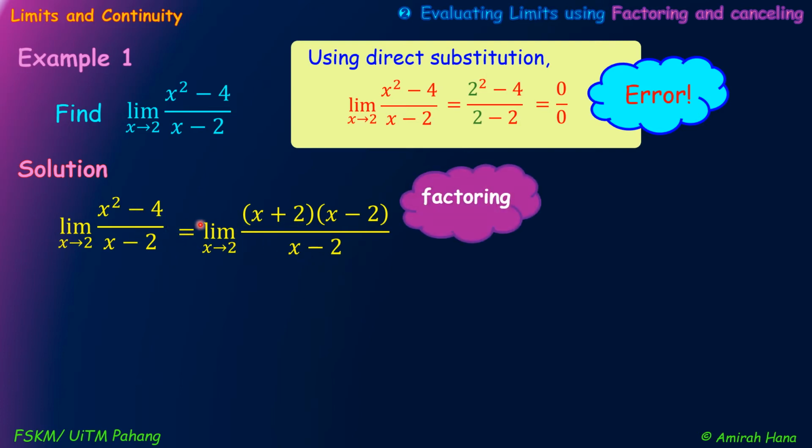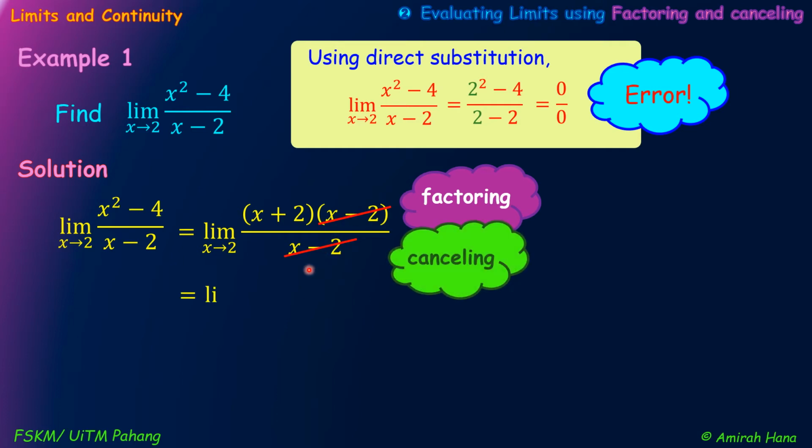We need to factorize. This is a quadratic function, so we factorize the quadratic. After that, we have the same factor in the numerator and denominator, so we can simplify. We cancel the same factor, then we can write the limit as x approaches 2 of (x plus 2).